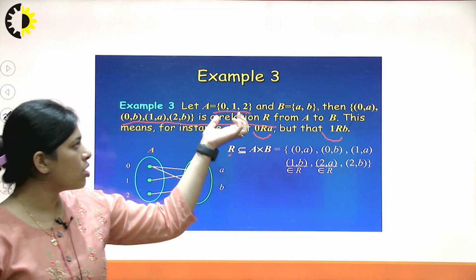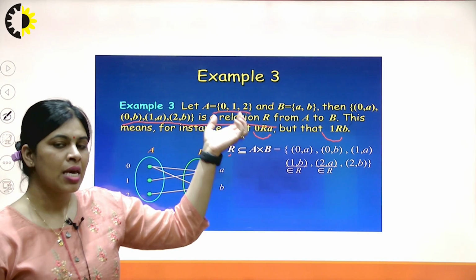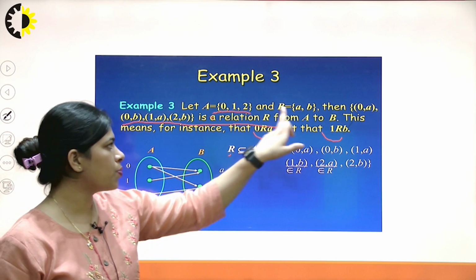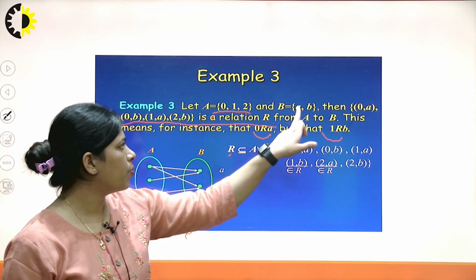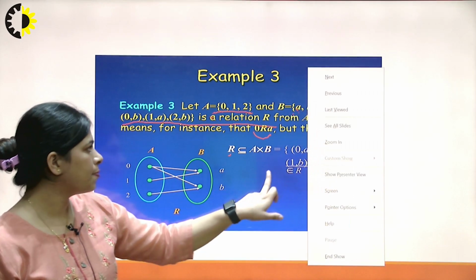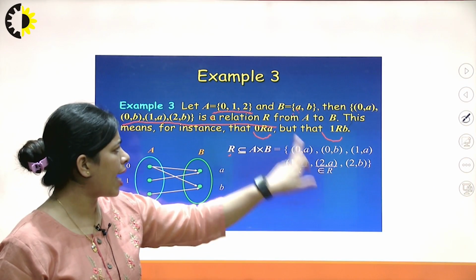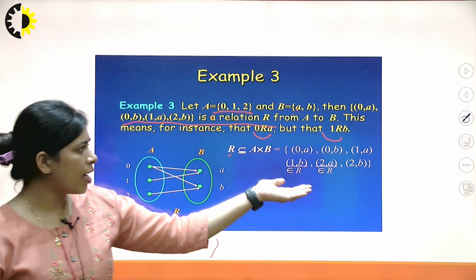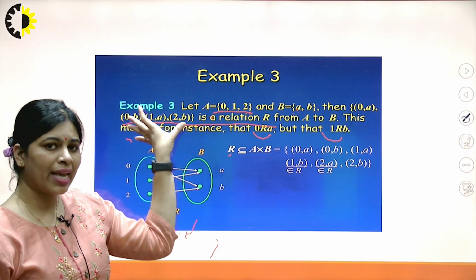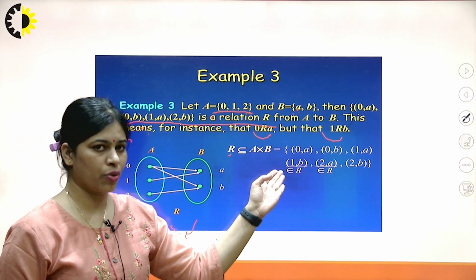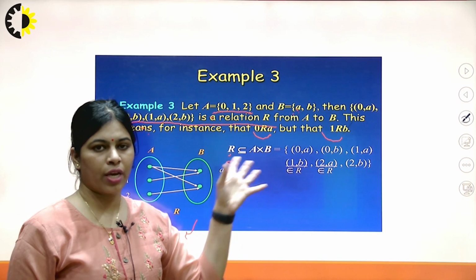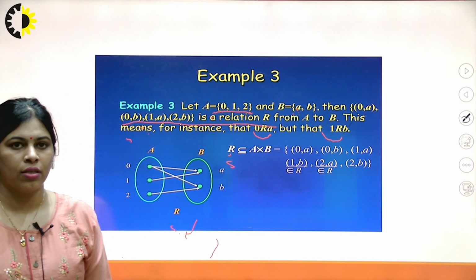Cartesian product means each and every element of set A makes an ordered pair with every element of set B: 0 is paired with a, 0 with b, 1 with a, 1 with b, and the same for 2. So if we are given a relation R, its elements should belong to the Cartesian product, means R should be present in A cross B. So this is a valid relation.